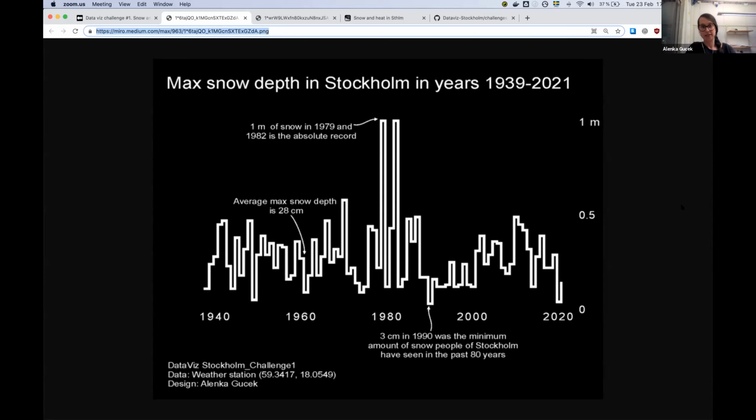data visualization experts. So I tested a few different things before I decided on this step chart, where I've plotted the maximum values of snow in a specific year. And by doing that, I got some kind of an idea of the maximums and the minimums of this distribution.